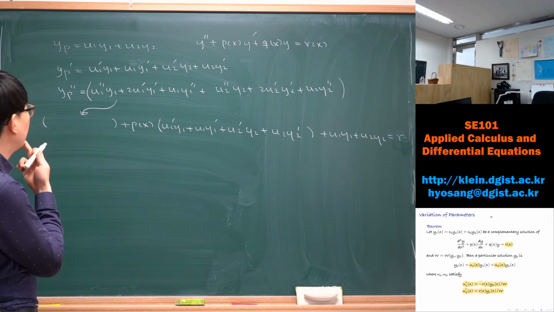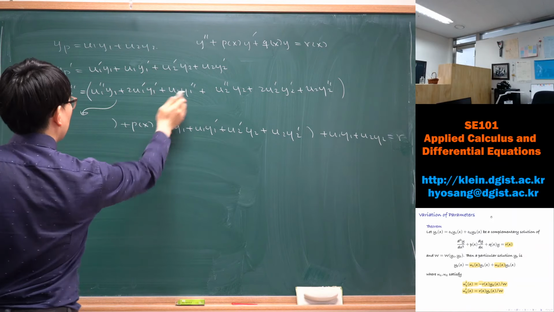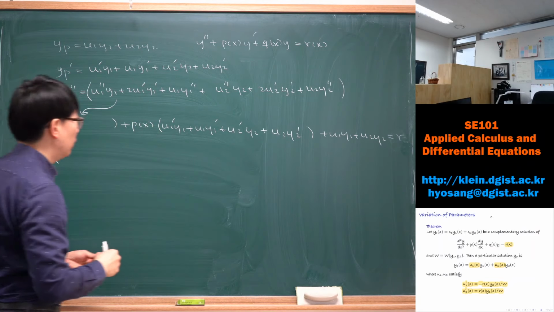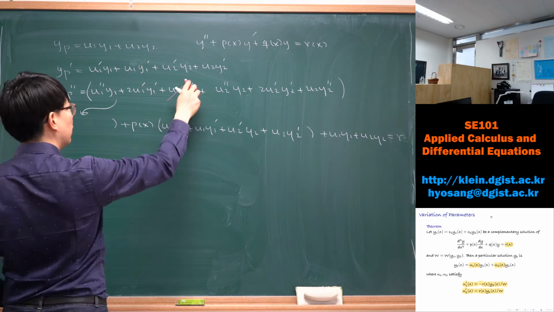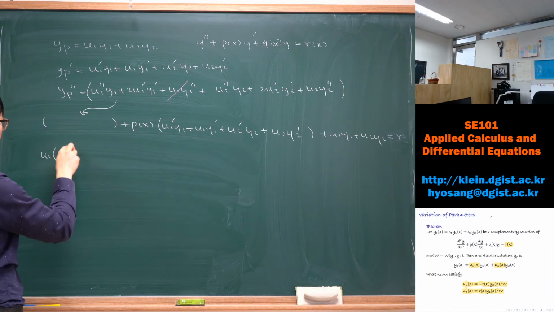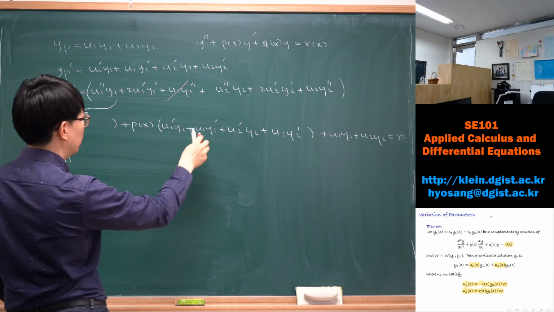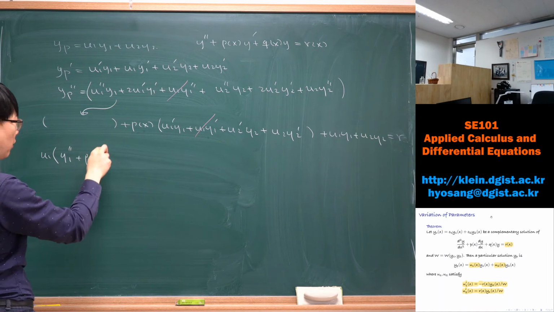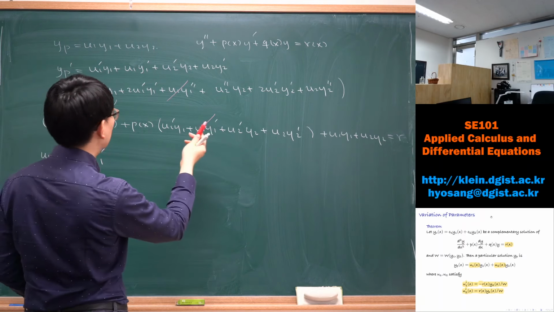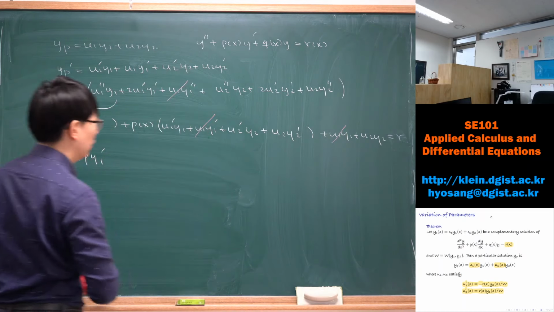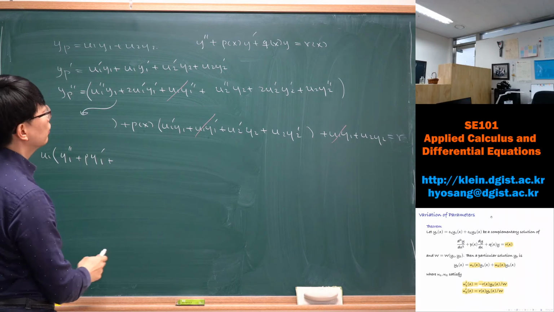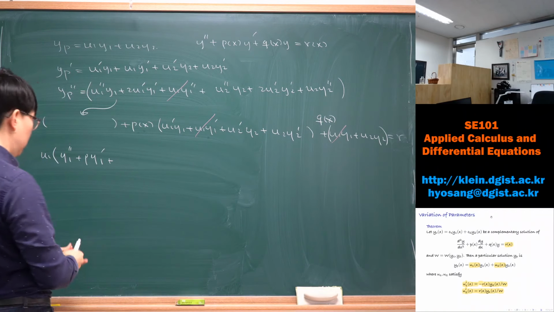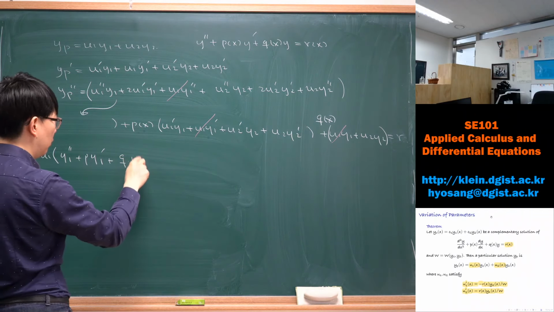First of all, let's combine all the u1 terms, okay? So here u1, if I take the term, I will cross out that term. So u1 y1''. And how about u1 here? We have p(x) times u1, so just p y1'. And also there's u1 here, and plus q(x) multiplied here, so this is q times y1.